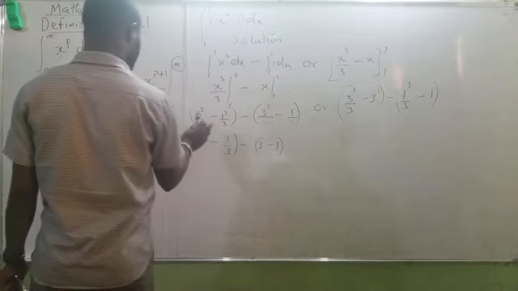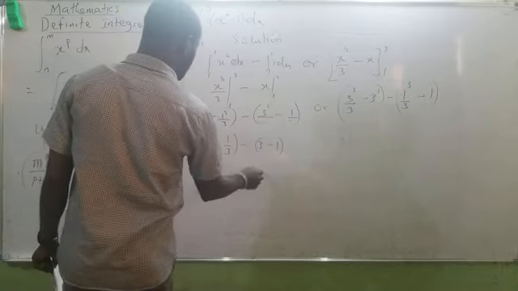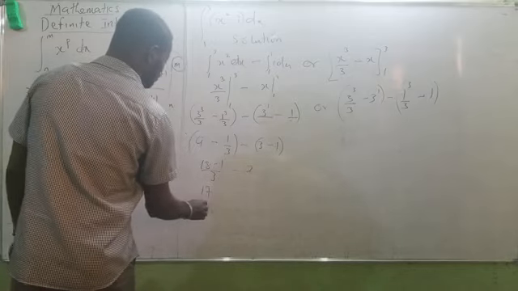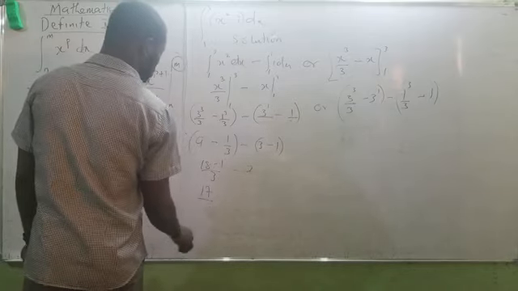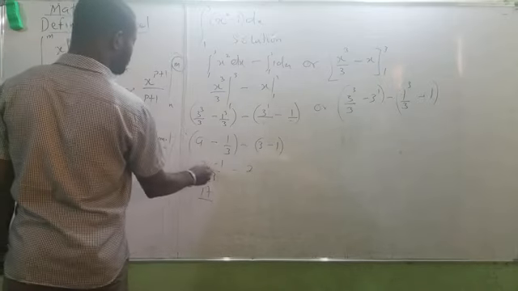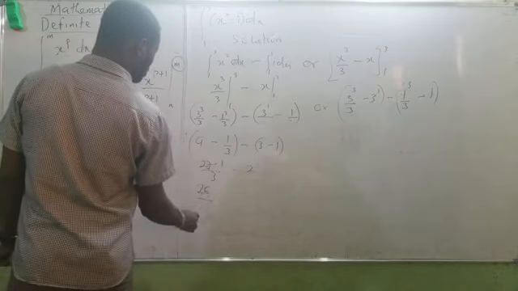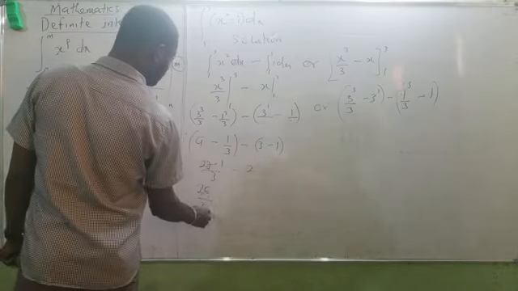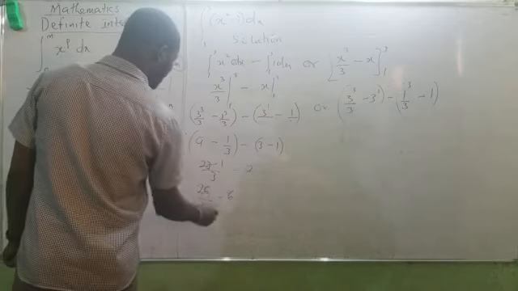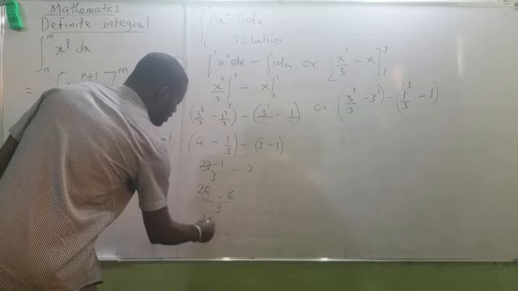This will be 27 minus 1 all over 3 minus 2, which I'll be having 26 over 3 minus 2, which I'll be having minus 6 over 3, which gives 20 all over 3.